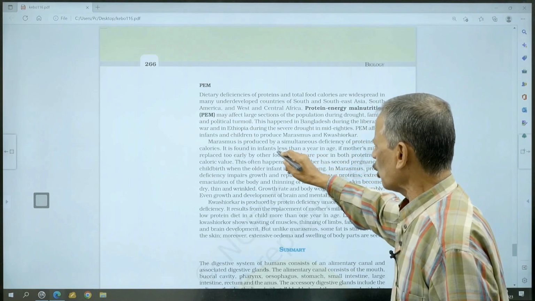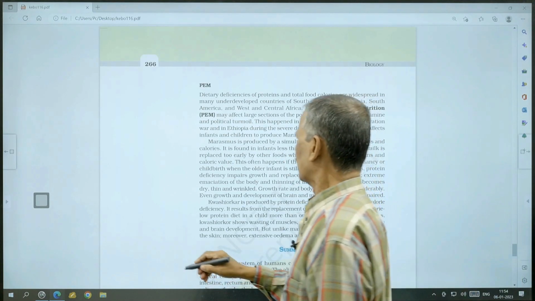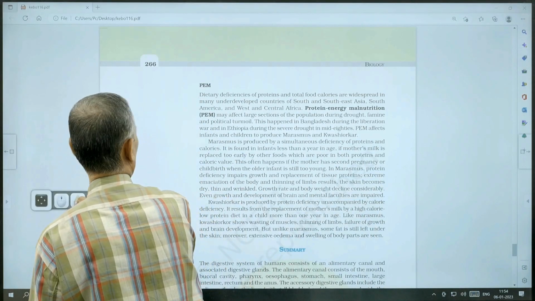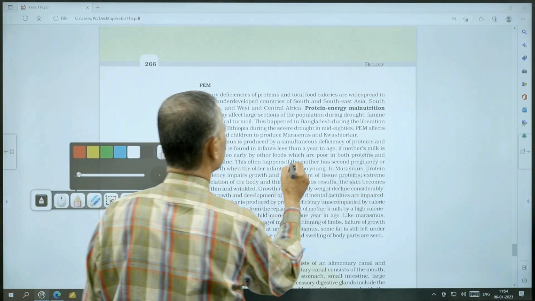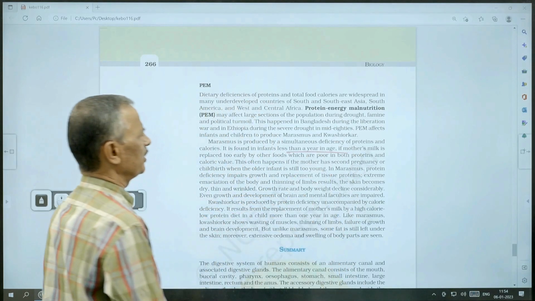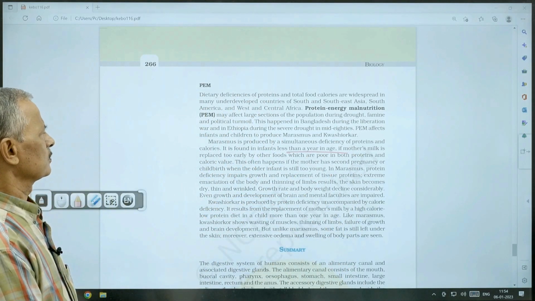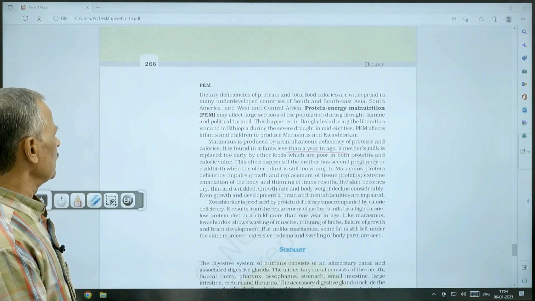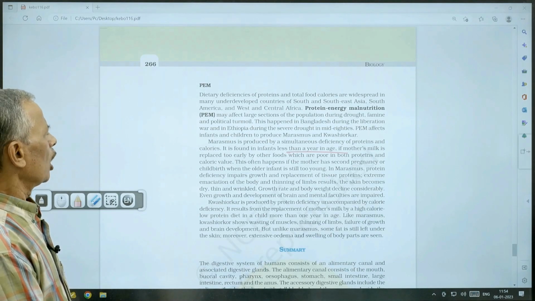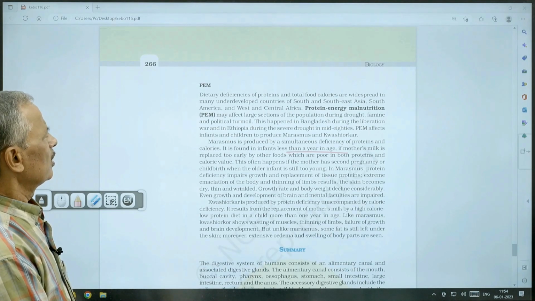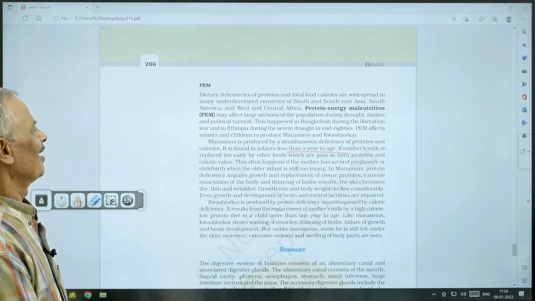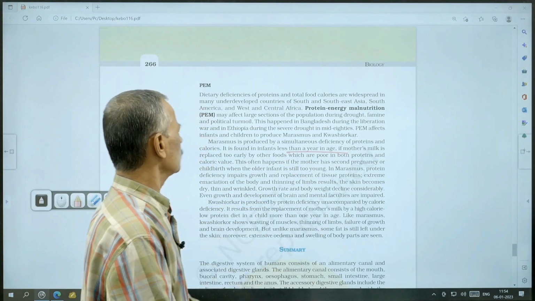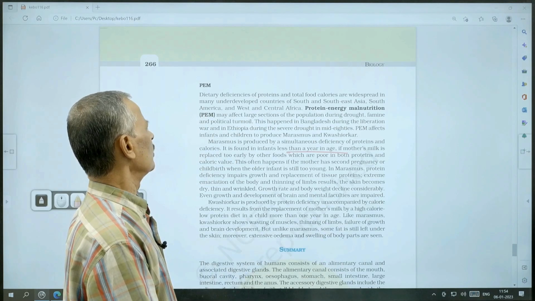So it normally occurs in children who are less than a year in age. If mother's milk is replaced too early by other foods available in the market, which are very poor in both protein and calorific value, this occurs.